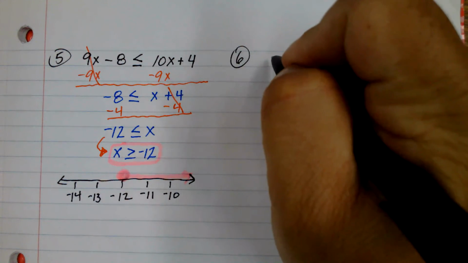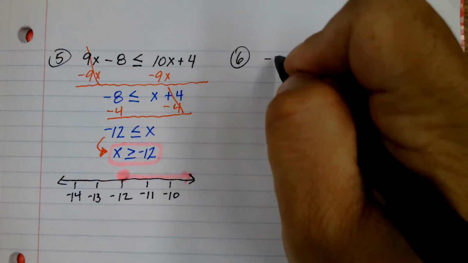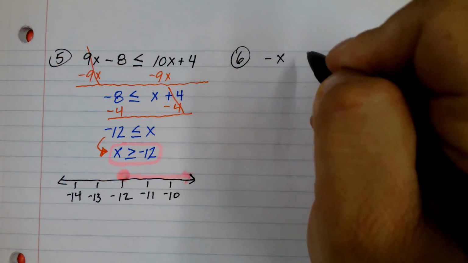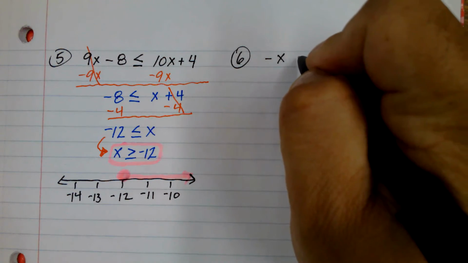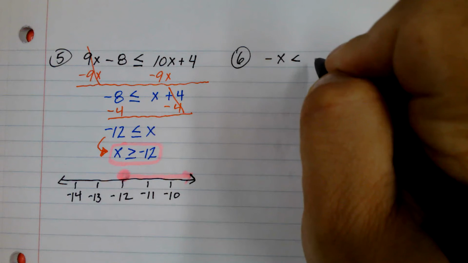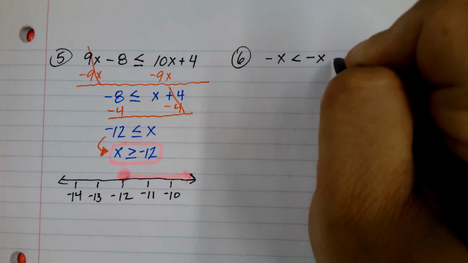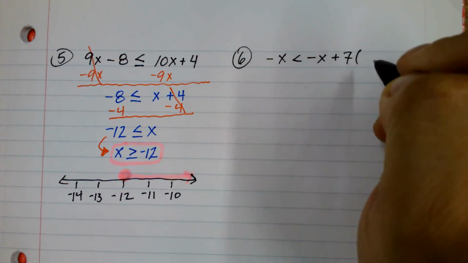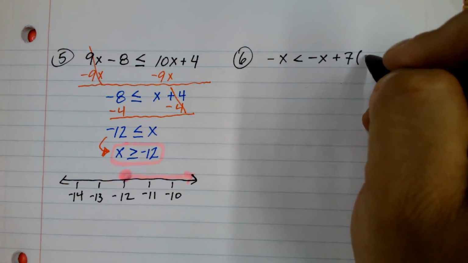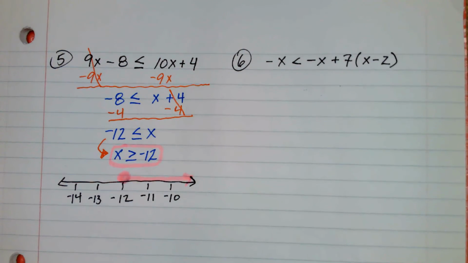We're going to make this a little beefier. Negative x is less than negative x plus 7 parentheses x minus 2.